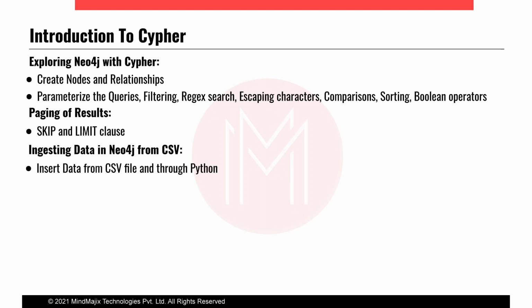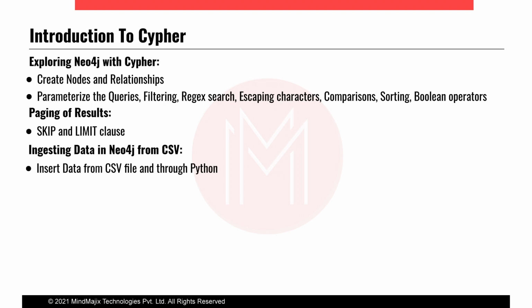Next, we'll go through the skip and limit clauses: when the data is already present from the Cypher query, you can skip some part of the data or limit it. Then ingesting data into Neo4j from CSV. Let's say there is one CSV file offline. We'll take that CSV file and load it into our Neo4j database. The beautiful thing is you can connect Python directly.